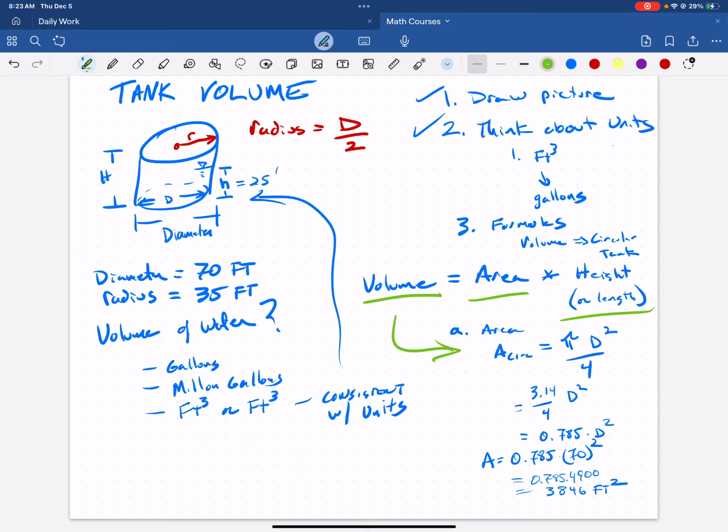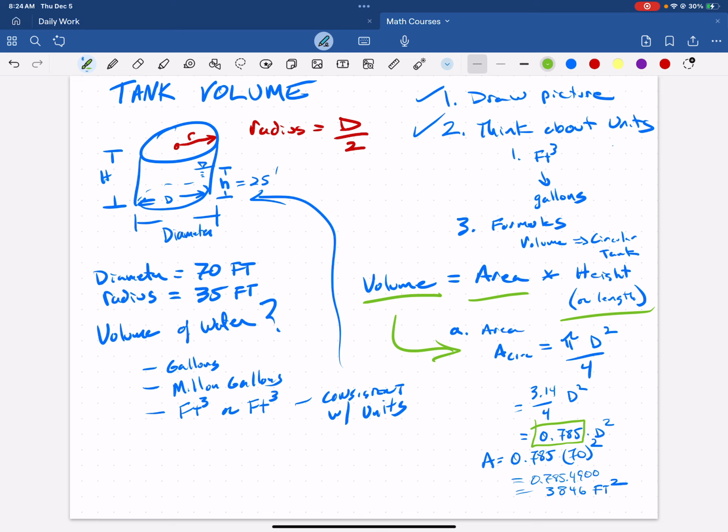It's always 3.14. And diameter squared, given the diameter, if they'd given us a radius of 35 feet and we wanted to use this formula, we just say, oh, we convert the radius to a diameter. No sweat. Our state here in California gives us our cheat sheet. They basically give us the 0.785 times d squared for the area of a circle. This is how we got that.